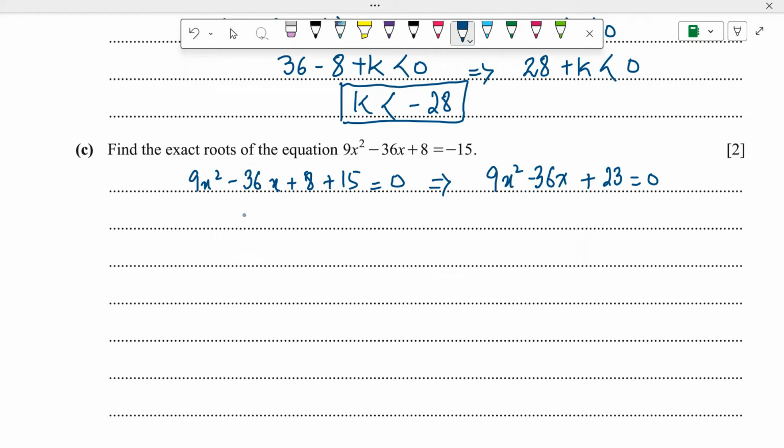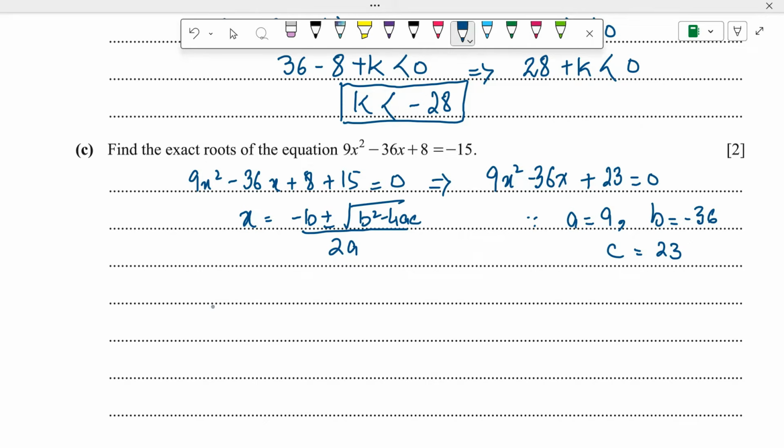We know that the quadratic formula is x = (−b ± √(b² − 4ac)) / 2a. And a in this case is 9, b is −36 and c is 23.